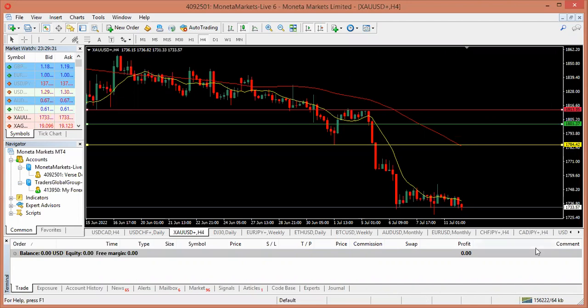Each of these candlesticks represents the price action, telling you what price does, if price is going down or going up.